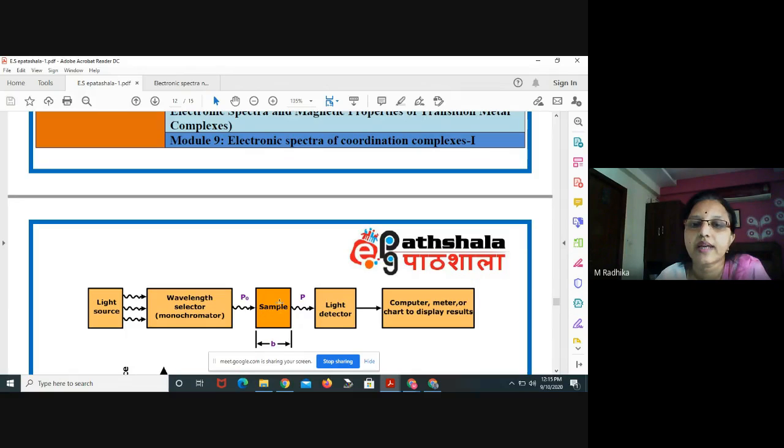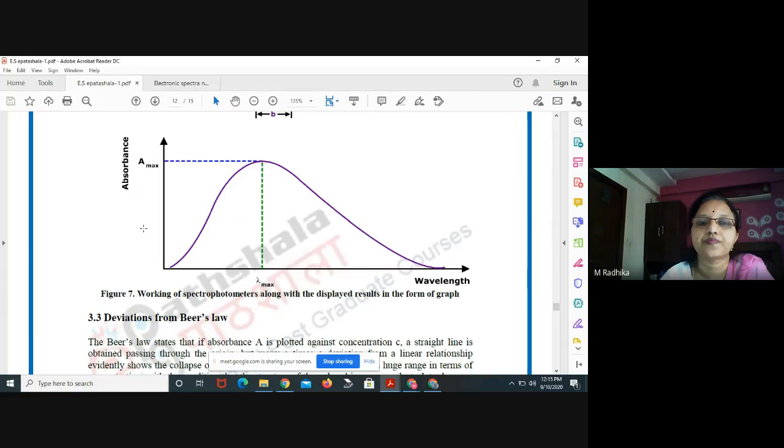Now some amount is absorbed and some amount is transmitted. The intensity of that light is detected with the detector, and that will be computed. You get a graph like this, showing that the OD or the absorbance for that particular complex is so and so at the wavelength I have selected. Suppose I have selected 500 nm, the OD is somewhere around 2 or 1.5 or 1.8, whatever it is.